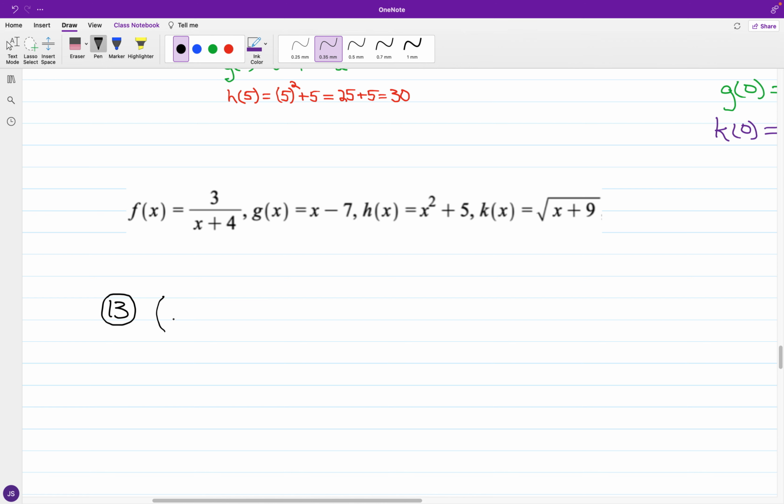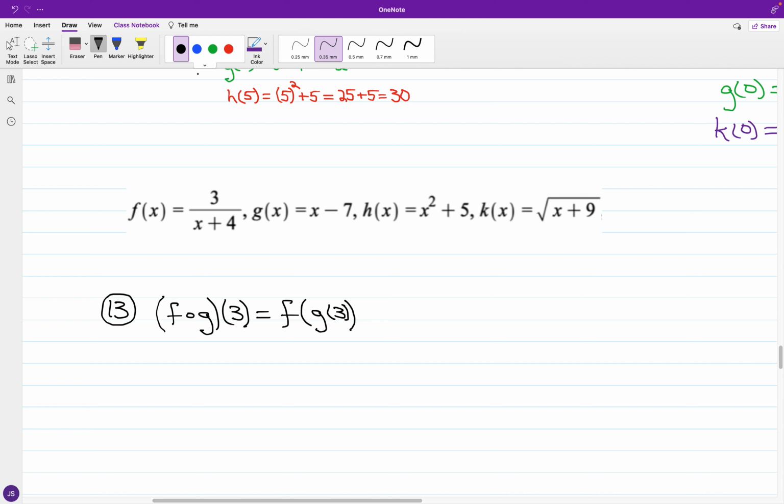You have f composed with g of 3, so again we have f of g of 3. Your output function is going to be contingent upon what the outside variable is. In this case, that will be f.